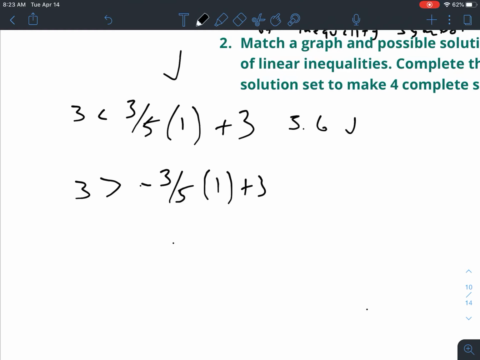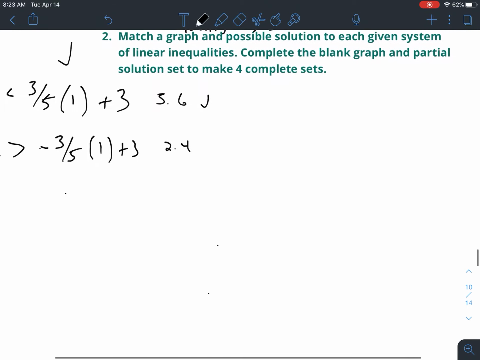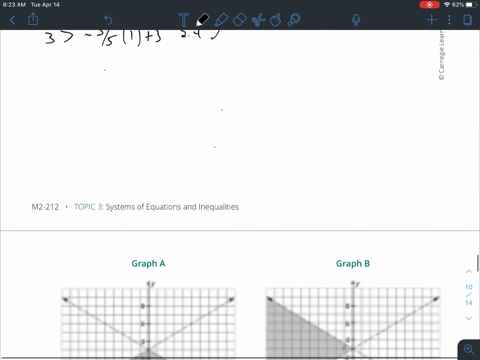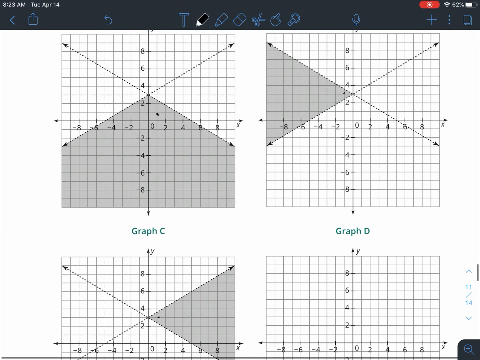And if we do negative 3 divided by 5 times 1, that gives us negative 0.6, plus 3 gives us 2.4. 3 is greater than 2.4, which is true. So we know that graph C is for system A. We can just write system A right there. That's all we have to do.